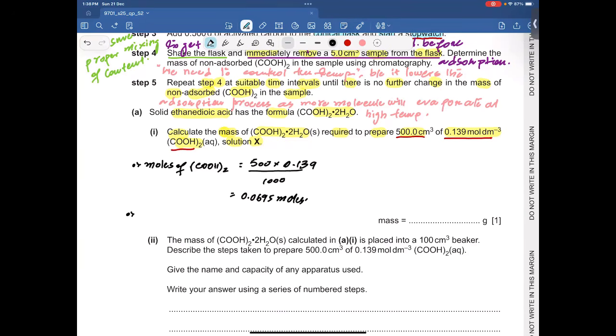Let's calculate the Mr. It's going to be 90, I believe. Okay.